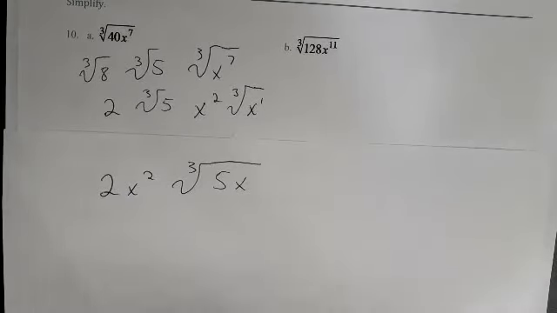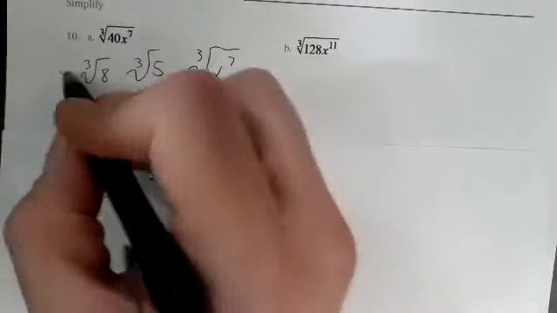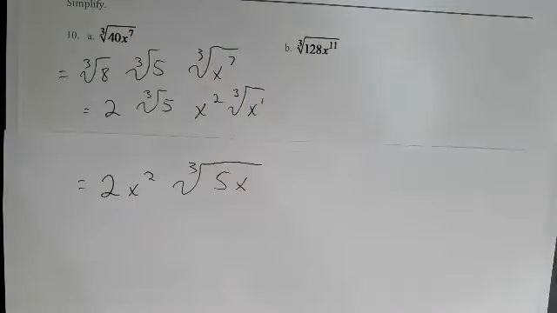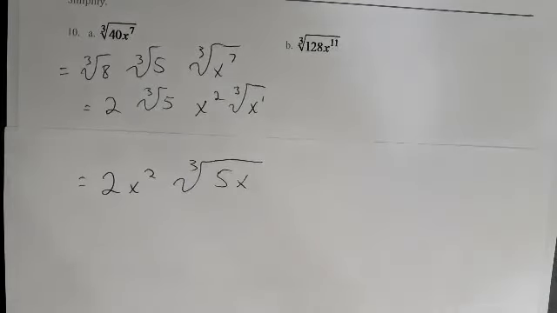I know I'm probably using this property without saying it a whole lot, but we can separate them into separate radicals, and then coming back, things that are in separate radicals, we can combine them under the same radical.